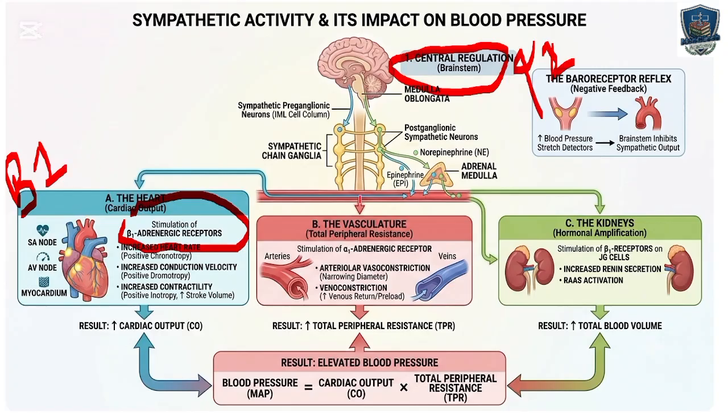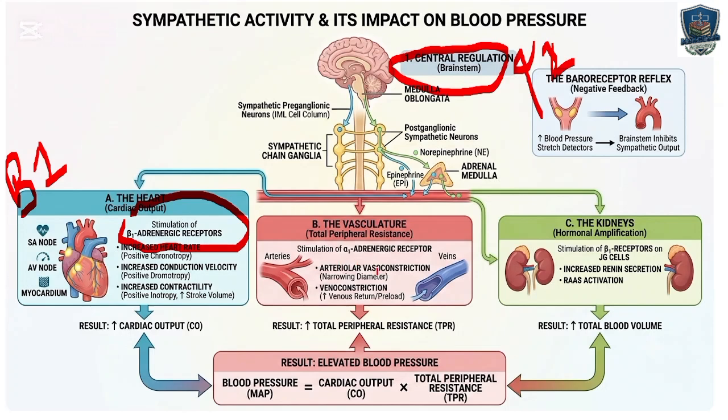So when it comes to the vasculature, you have to remember the receptors that are found here are the alpha 1 adrenergic receptors, and they always lead to arterial vasoconstriction, narrowing the diameter, and also they may lead to venoconstriction.